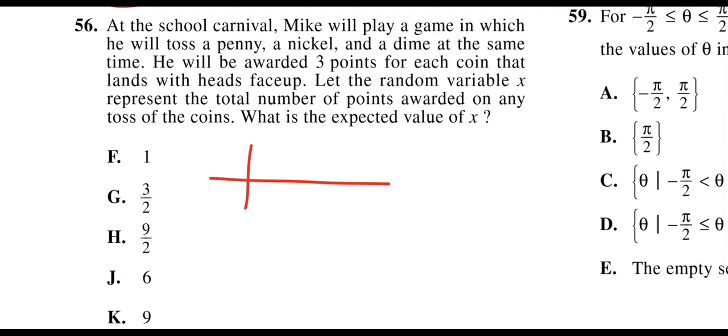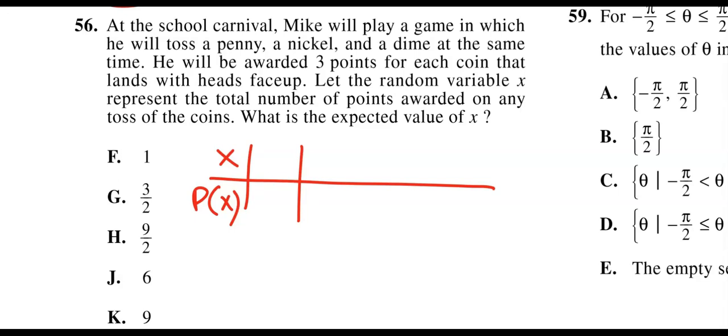Okay, so we've got x and we've got the probability of that happening. He will toss a penny, a nickel, and a dime at the same time. He will be awarded 3 points for each coin that lands with the heads face up. Let the random variable x represent the total number of points awarded.